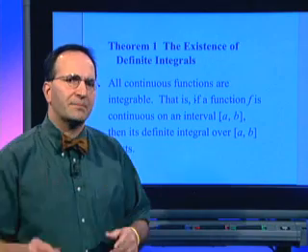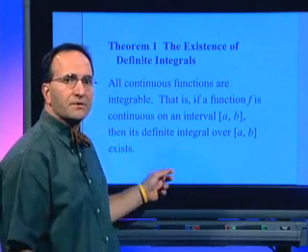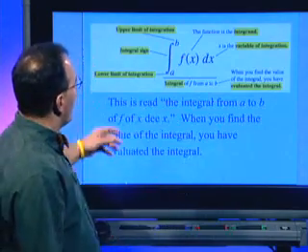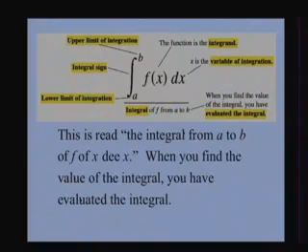Now, we need to set up some notation for the integrals. What we have is this. We have an integral sign, which is right here, and it looks sort of like a stretched out S. We have the lower and upper limits of the integral that we're interested in.